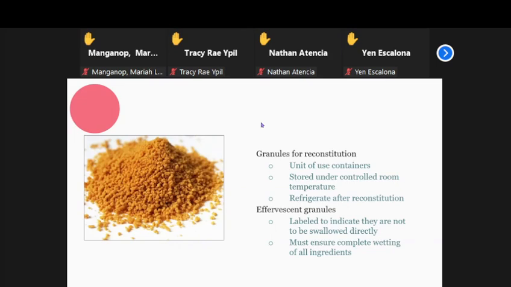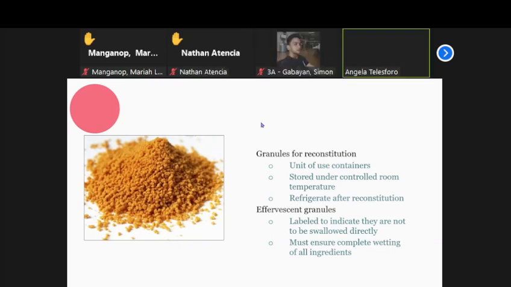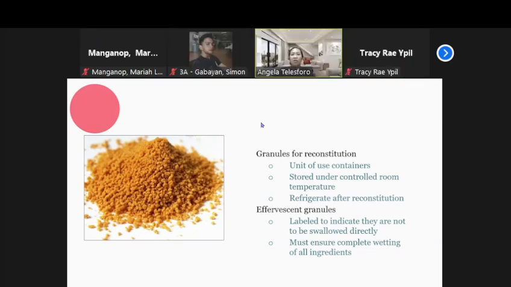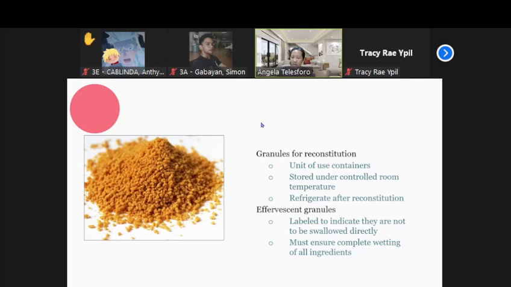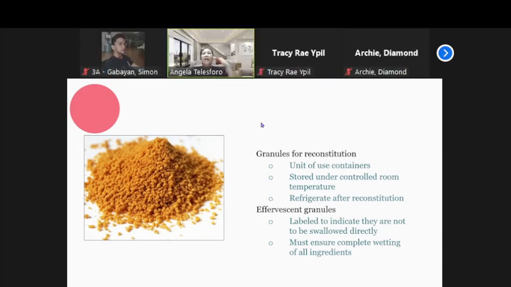So, in effervescent preparations, there is a release of carbon dioxide. All of the things you mentioned are correct. But the release of carbon dioxide will enhance the taste of your drug.